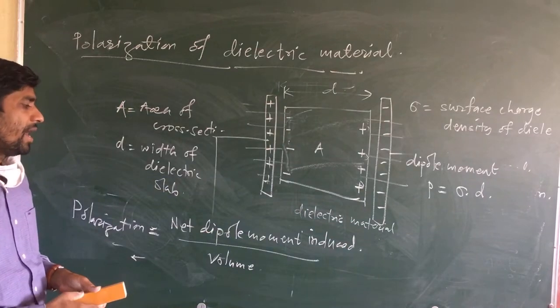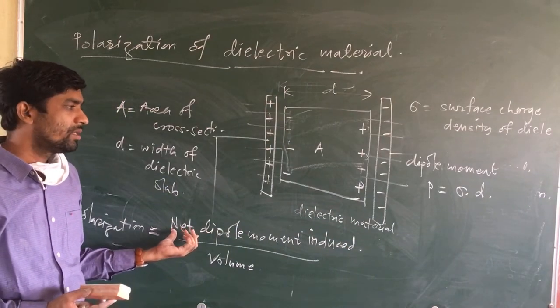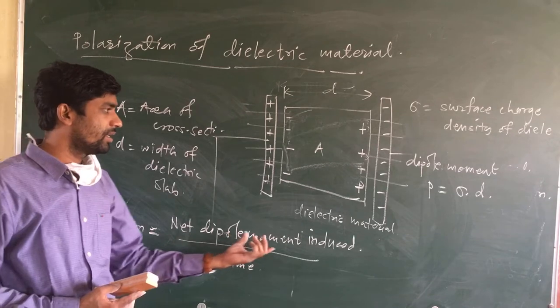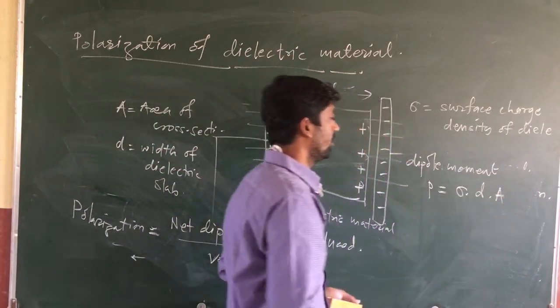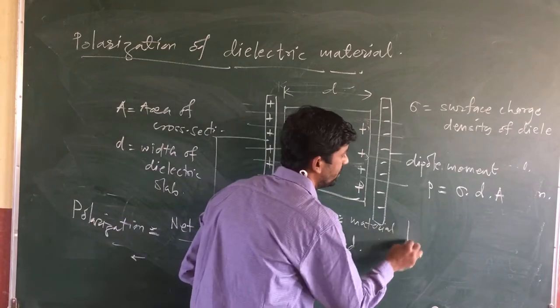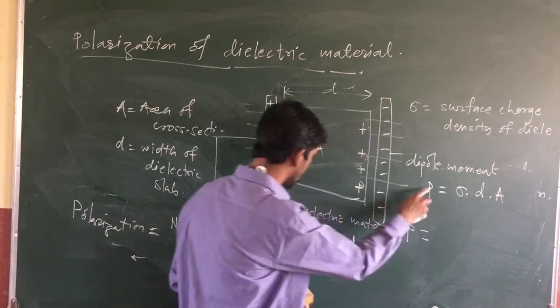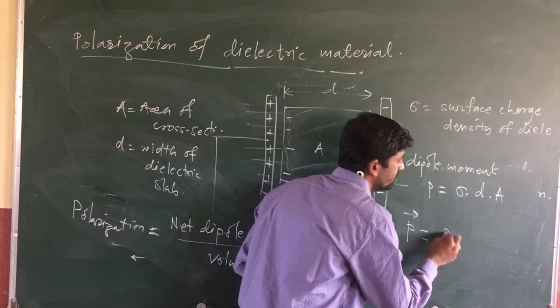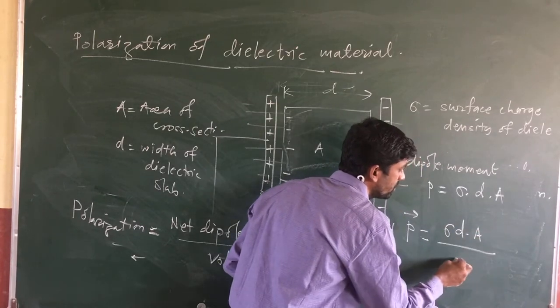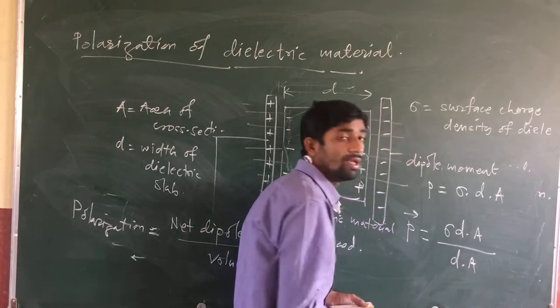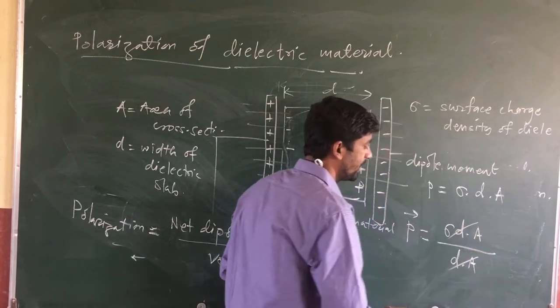The area of cross section is A. The polarization vector P is the net dipole moment, which is sigma D into A, divided by the volume. Volume is equal to distance into area, so the D and A get cancelled.